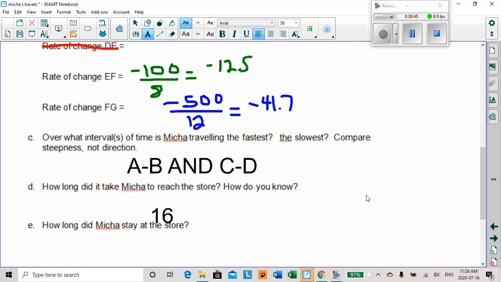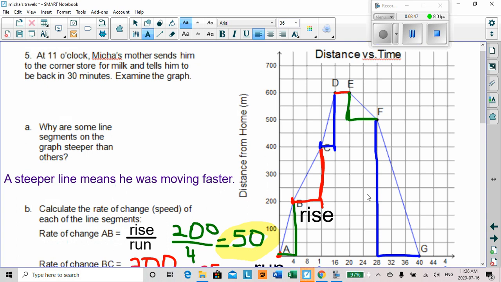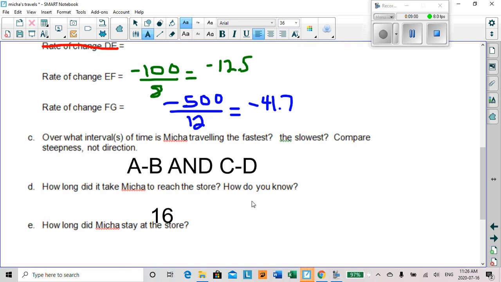How long did he stay at the store? D to E is when he did not go further away or move back home, so that's when he must be at the store. And from D to E is from 16 to 20, so that is 4 minutes.